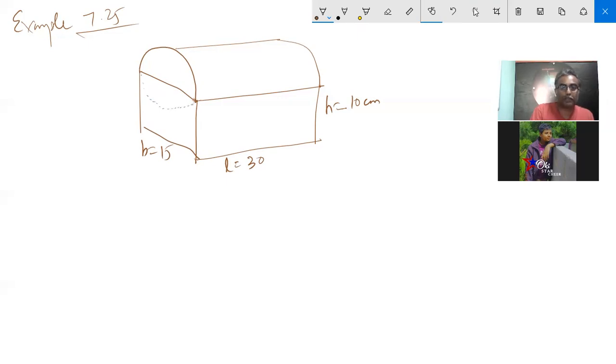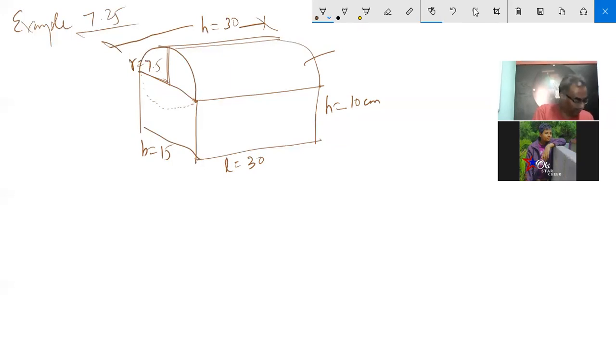So how do you find the volume of half of the cylinder? For the cylinder, the height h will be 30, and you have to get the radius. b is 15, so radius will be 15 by 2, that is 7.5.